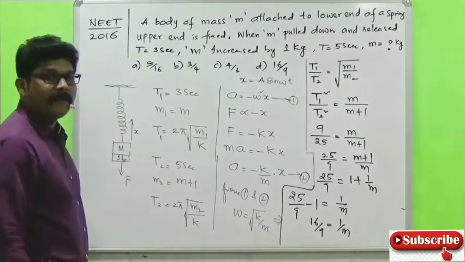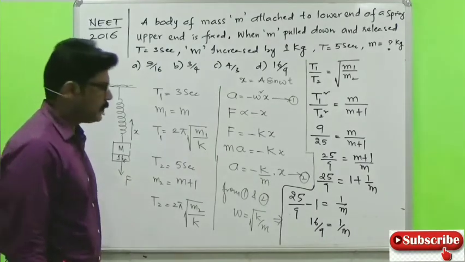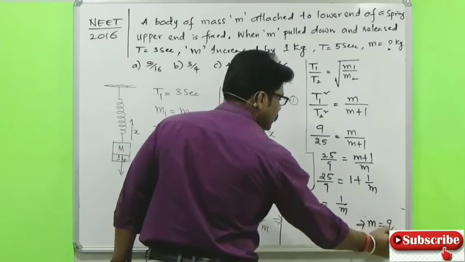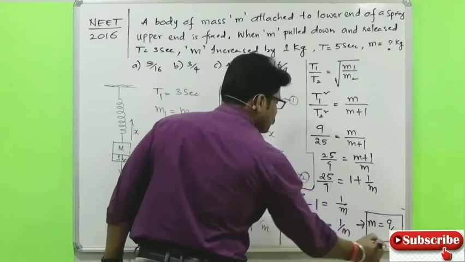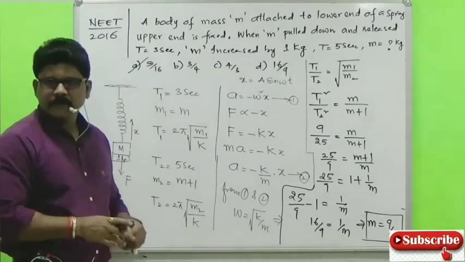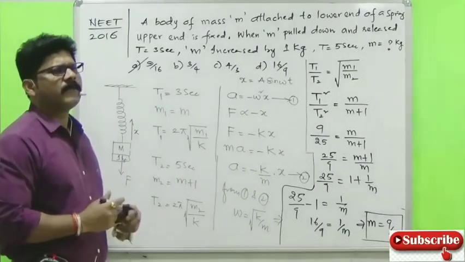So what is m? m equals 9 by 16. Which is the correct option? 9 by 16.